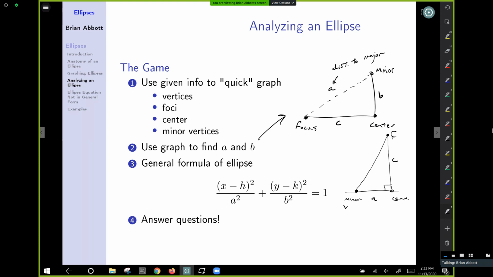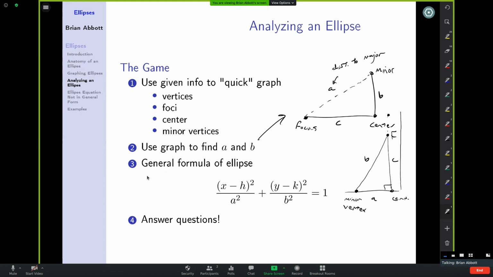But in this case, since it's shorter, it's a minor vertex. So what is the remaining distance? B. I have it written above as distance to the major vertex, but B would be the vertical distance, which would be a little bit longer to get up to that vertical major vertex. So I was just going to draw the pictures to find whatever values you need.